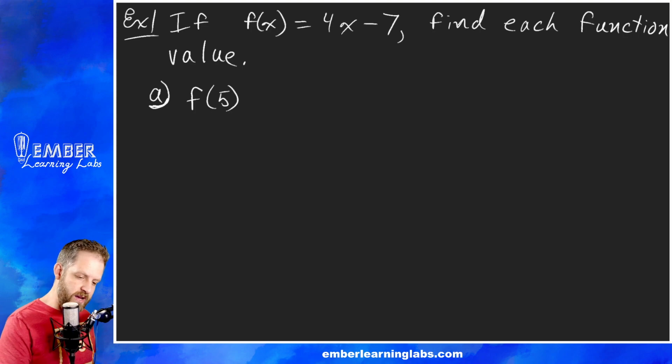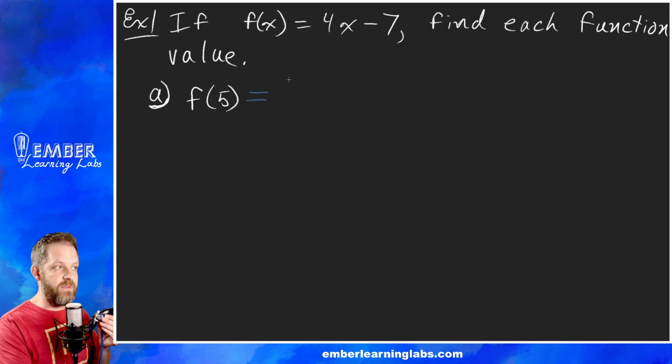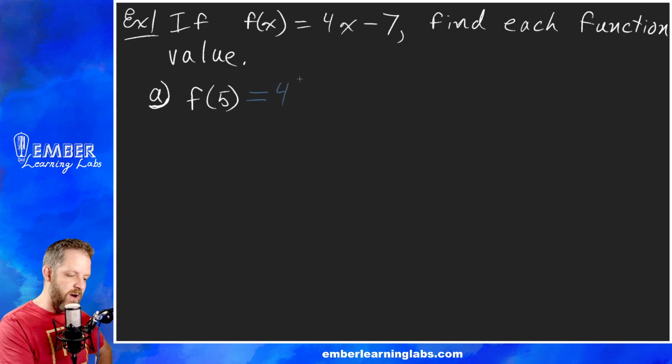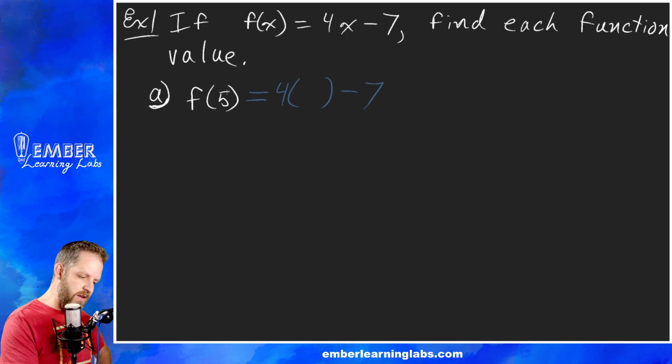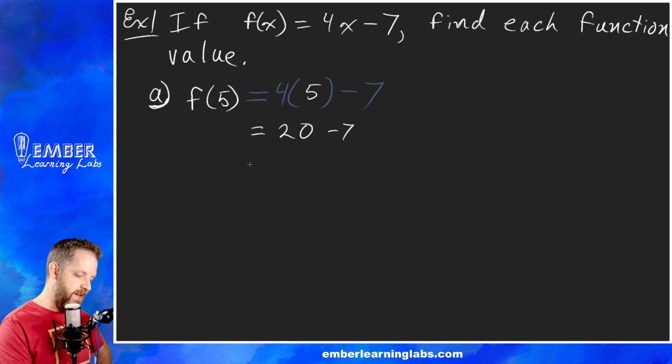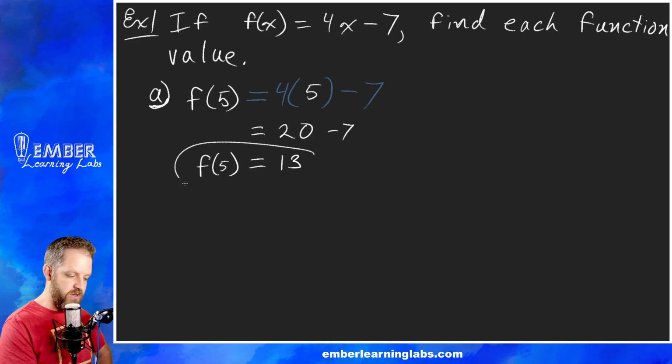And so what we do is we write the equation, but with parentheses everywhere there's a variable. And then into where the variable was, we're going to stick this number. So we're going to put a 5. And now we're going to simplify from there. So 4 times 5 is 20 minus 7. 20 minus 7 is 13, which means that f of 5 equals 13.